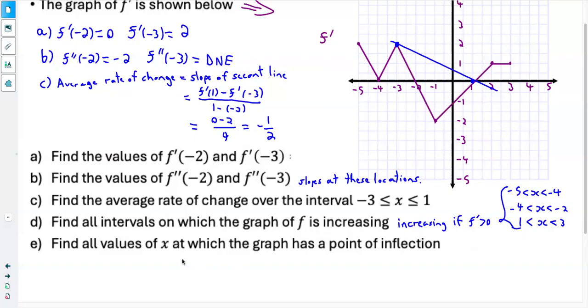So we know that this is when f double prime changes its sign. So we can see it changes its sign here because it's going from negative to positive. So it would be at x equals -4, as well as at x equals -3, as well as down here at x equals -1.